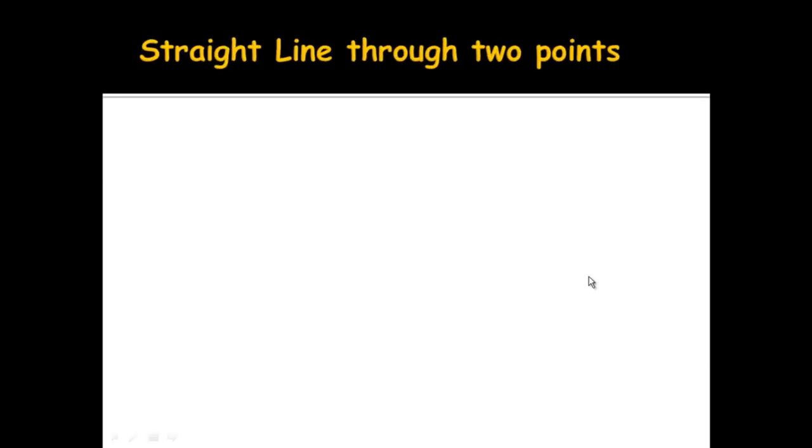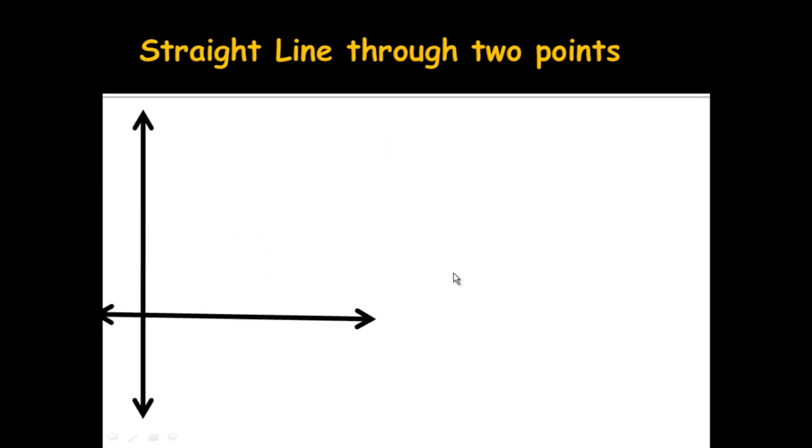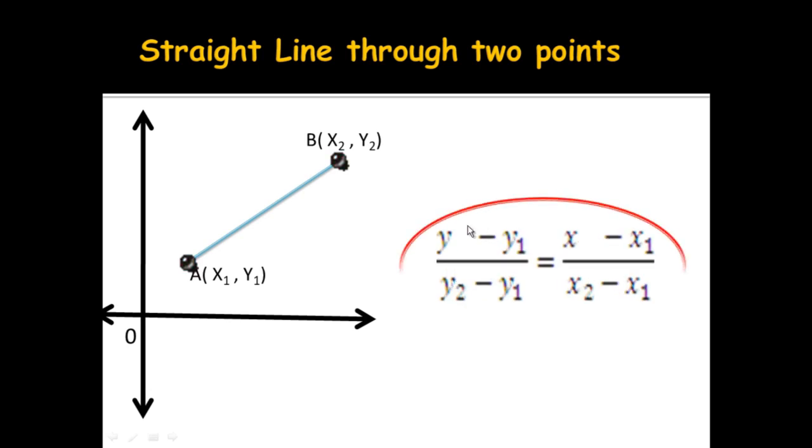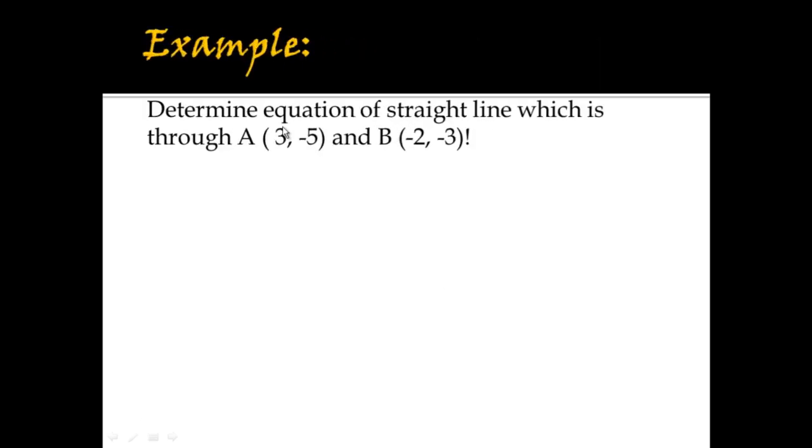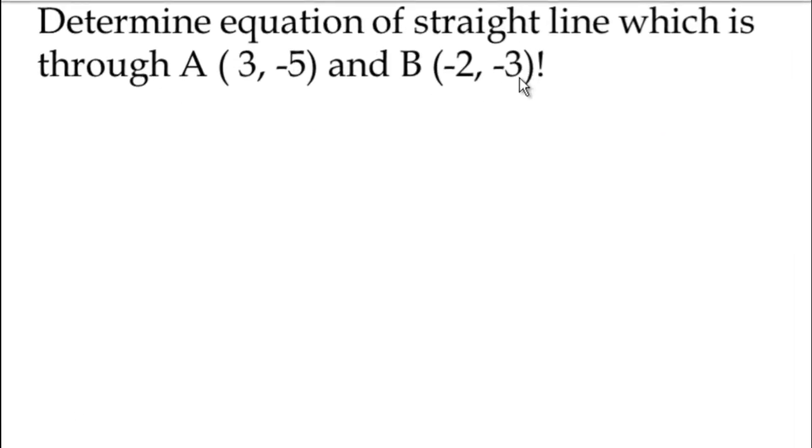For the second way, you can use the formula y minus y1 divided by y2 minus y1 equal x minus x1 divided by x2 minus x1. For the example, it is x1, it is y1, it is x2, it is y2.